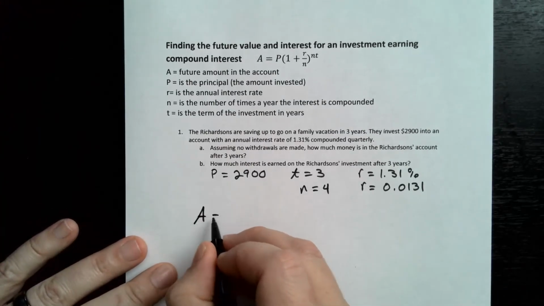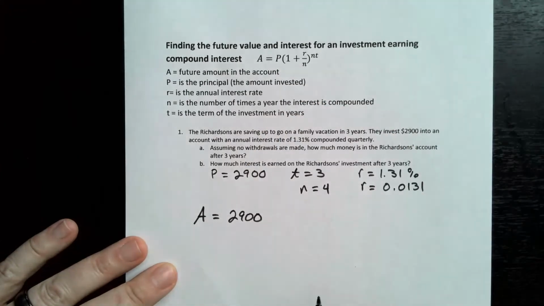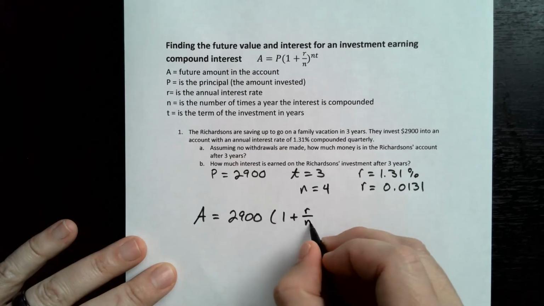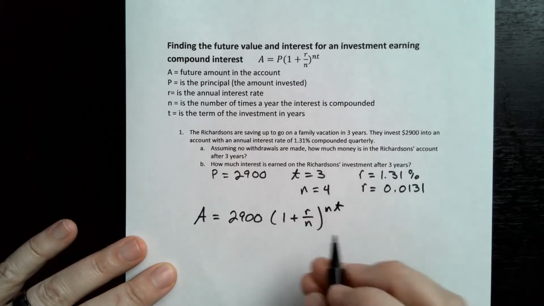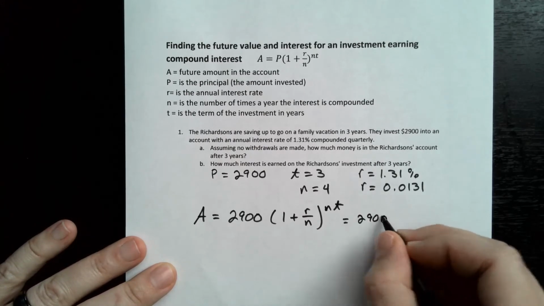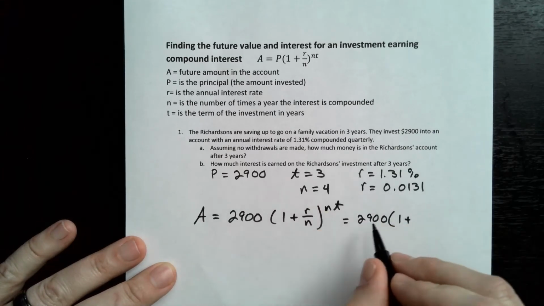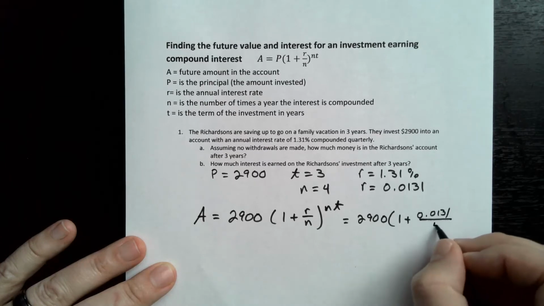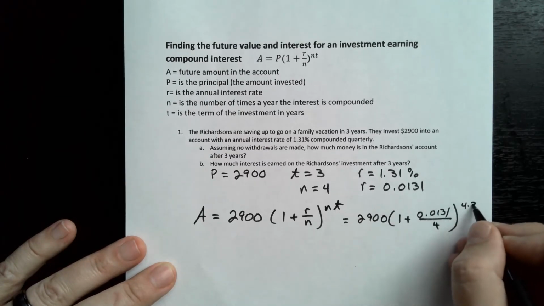So A is equal to 2,900, using this formula here, times 1 plus R over N to the NT. So let's also fill this in. So 2,900 times 1 plus, let's see, R was 0.0131 divided by 4, all raised to the NT power, so 4 times 3.